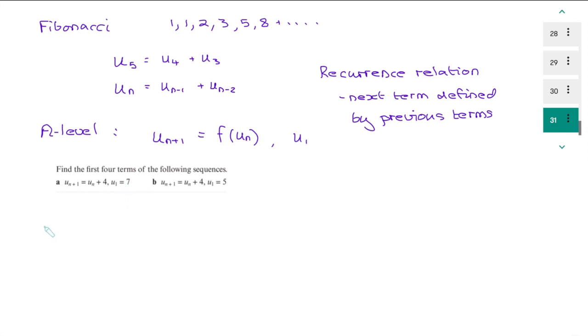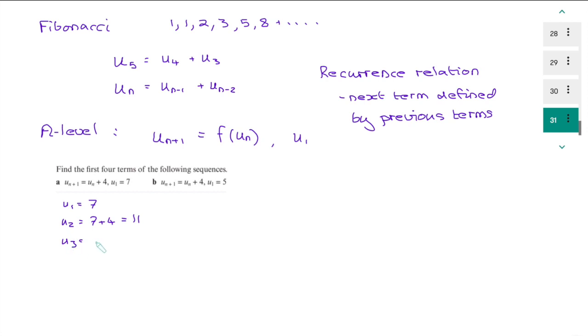7. So all we've got to do is start to write what the terms are. So we've got u1 equals 7, u2 equals, we've just got to pop it in here, 7 plus 4 equals 11. u3, well, I don't need to worry about anything, I just need to pop the previous one into my formula.